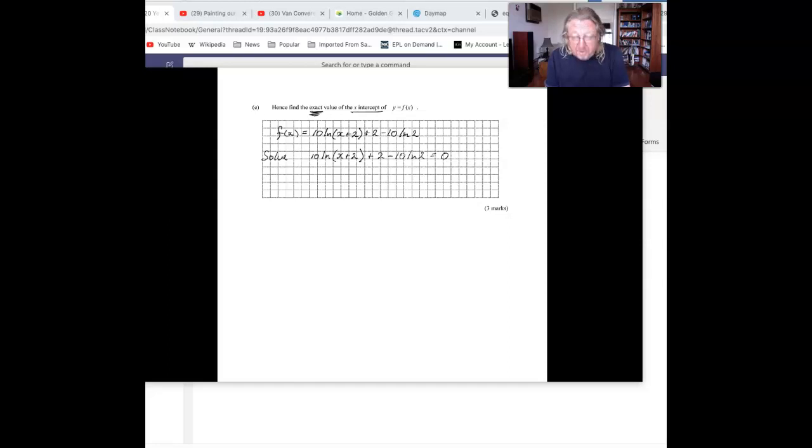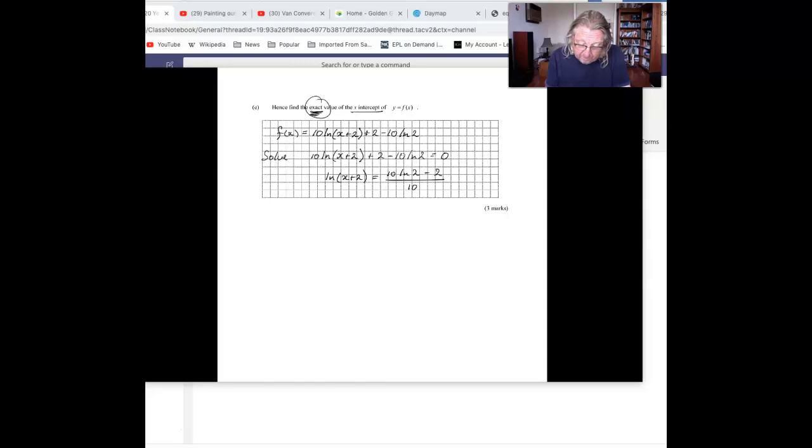Okay, now we can't just use a calculator, as I said, because I want this exact answer. And so that gives us the log of (x plus 2) is equal to (10 log 2 minus 2) all divided by 10.